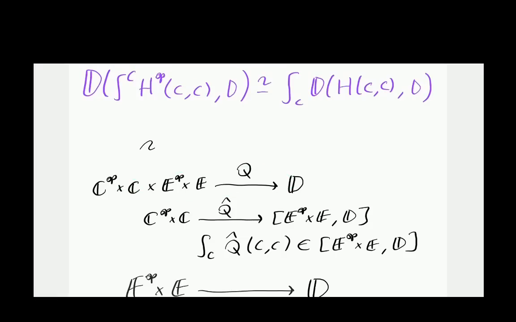Because, if we just rewrite this equivalently as a functor of this type of form, and then we think of this as a category, we just integrate over the objects of this category, or think of this as a bifunctor from this op times this to D, and then we just apply the definition of an end.